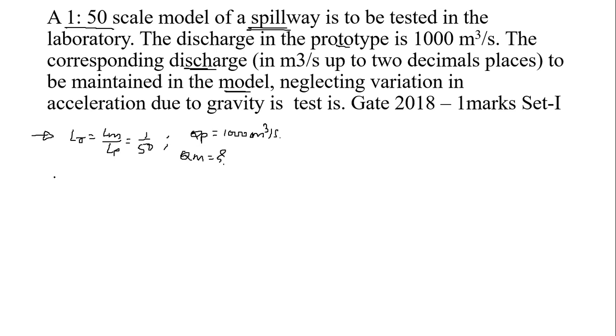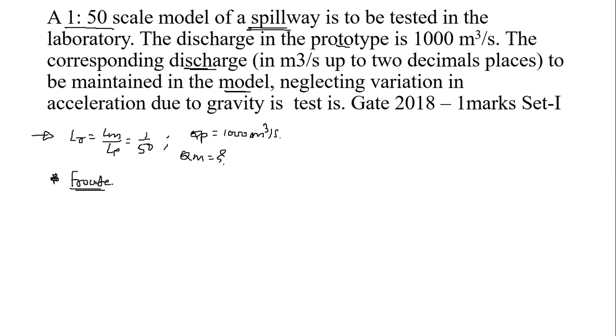Here the first and most important thing is that we must know which law is applied. Here the Froude law will be used. Why? Because the flow condition is of a spillway. Gravitational force will be dominating along with the inertia.